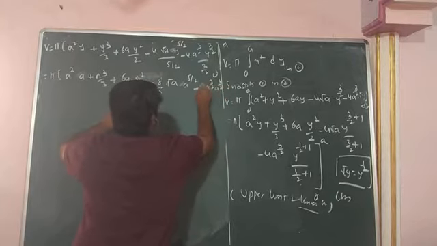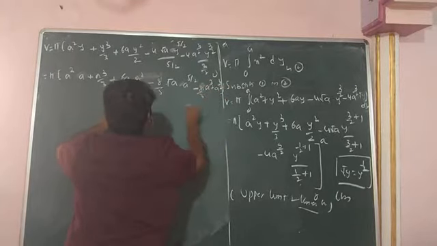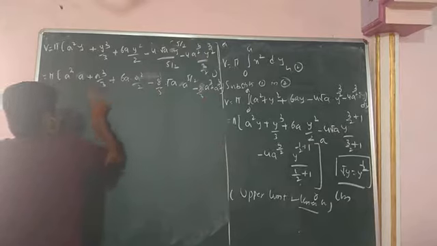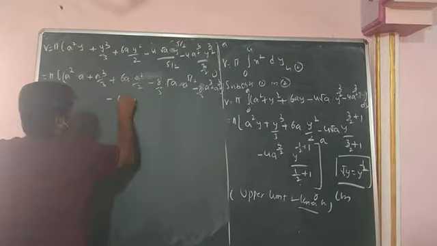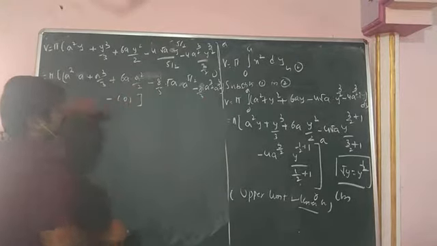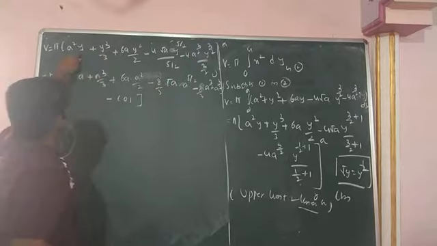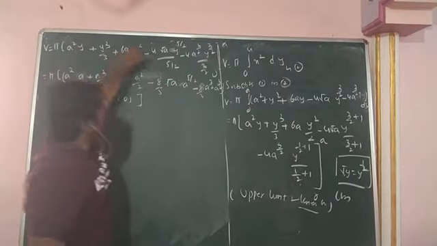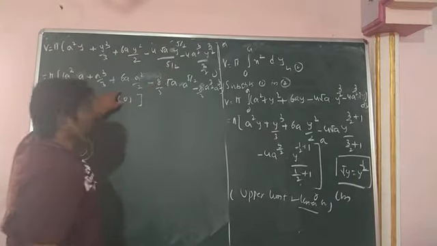This is nothing but 8 by 3, minus 0. This is upper limit minus lower limit. Lower limit value equal to 0. So we substitute y equal to 0, and we get 0. The lower limit value equal to 0.